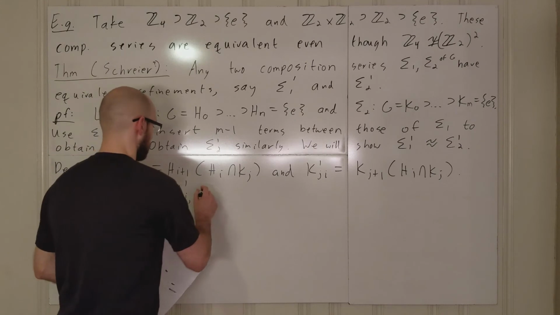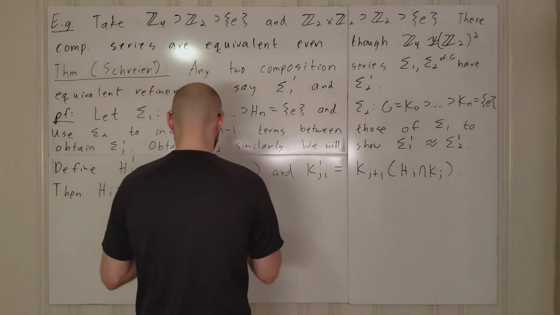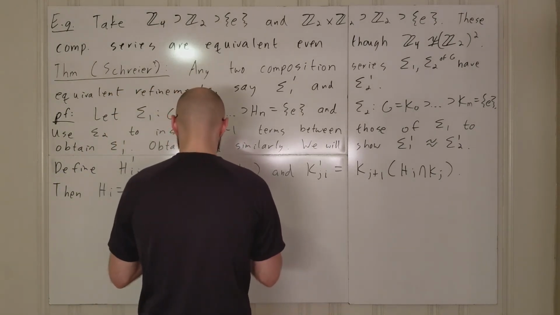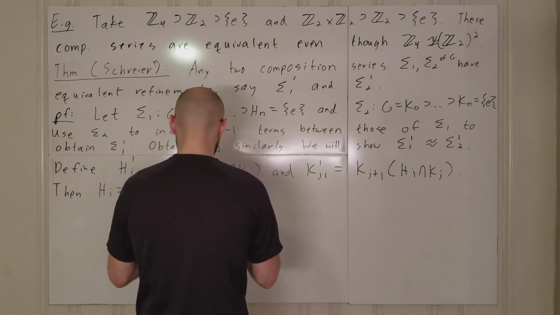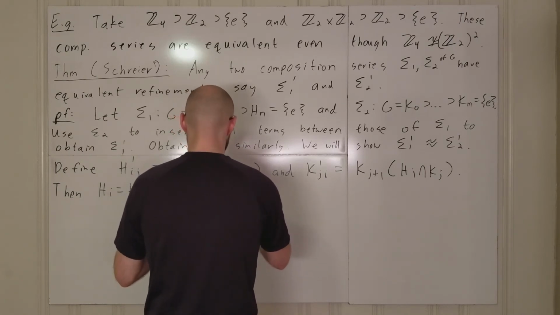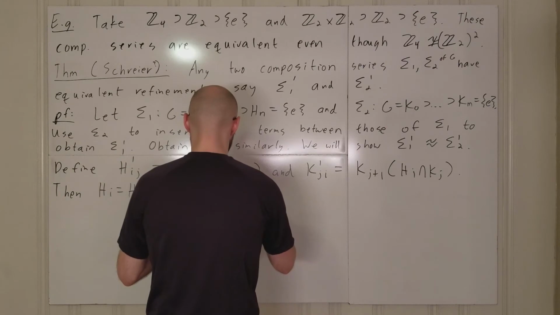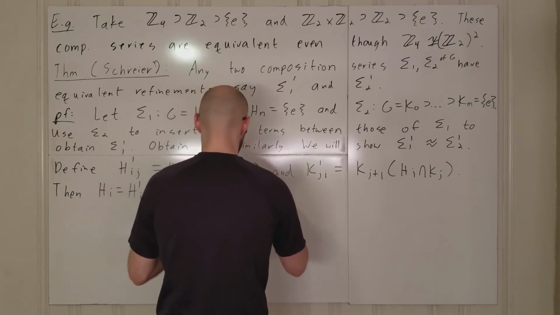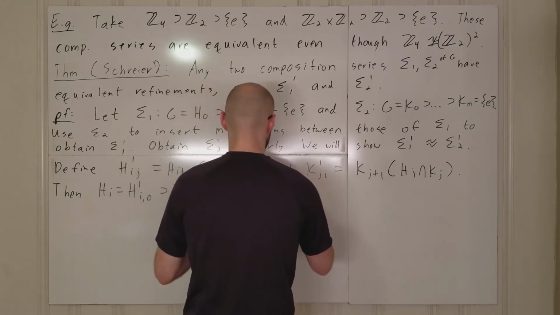And so this is the correct containment, and then this is going to go all the way down to H_im prime, which is equal to H_(i+1).